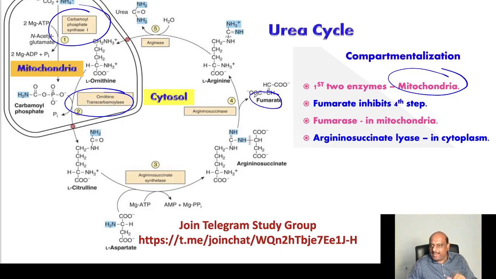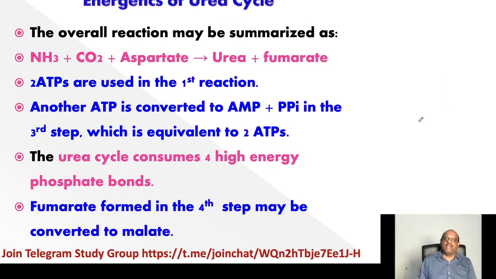And fumarate inhibits the 4th step, which happens in the cytosol, but the fumarase is there in mitochondria. And arginosuccinate lyase is located in the cytoplasm. That is what you need to remember.